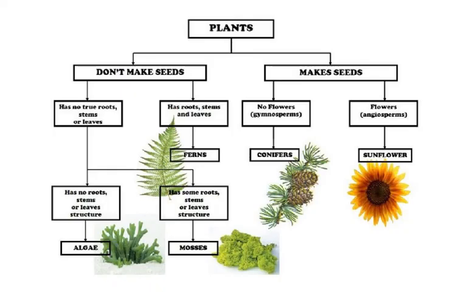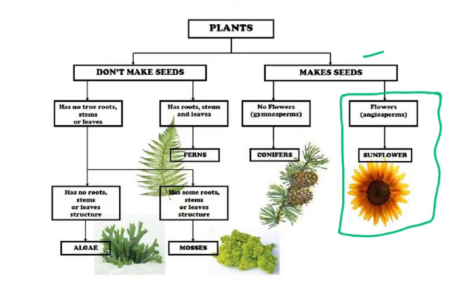Now coming to the classification of plants, we only have to study two different categories. Number one, plants which make seeds, and plants which do not make seeds. So in the seeds one, what we have to understand is the flowering plants, and in the ones which do not make seeds, we have to study the ferns.